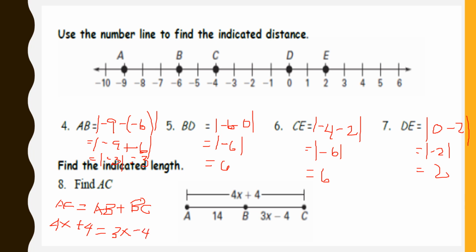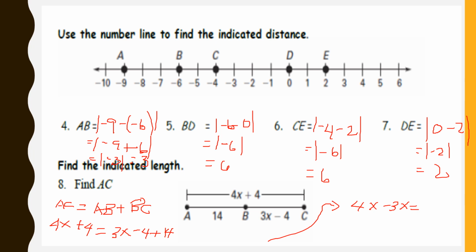Or we just do the same. So we get, okay, let's use the space here. We get 4x minus 3x. Just combine the common terms.